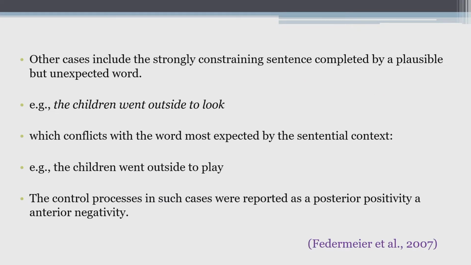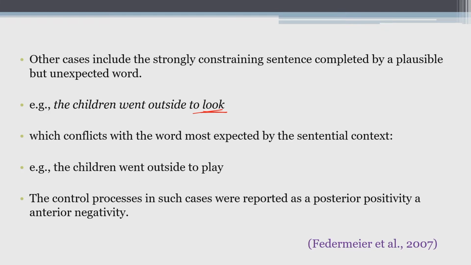Yet another type of case includes a strongly constraining sentence completed by a plausible but unexpected word. For example, the children went outside to look. This creates a constraint. Typically, with a sentence like this, till outside, you do not expect the verb look as much as to play would be expected.